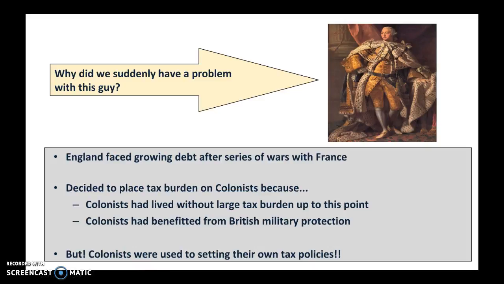This problem really came out when you started talking about taxes, because the way that England decided to solve its debt crisis at the end of the French and Indian War was to tax the colonists.